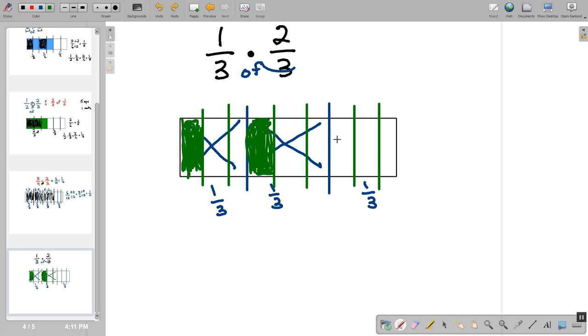And then this is 0 to begin with, so I don't shade anything in there. And I am left with 2/9. And since nothing can divide evenly into 2 and 9 at the same time, that means 2 and 9 are relatively prime to each other. That means my answer of 1/3 times 2/3 is 2/9.